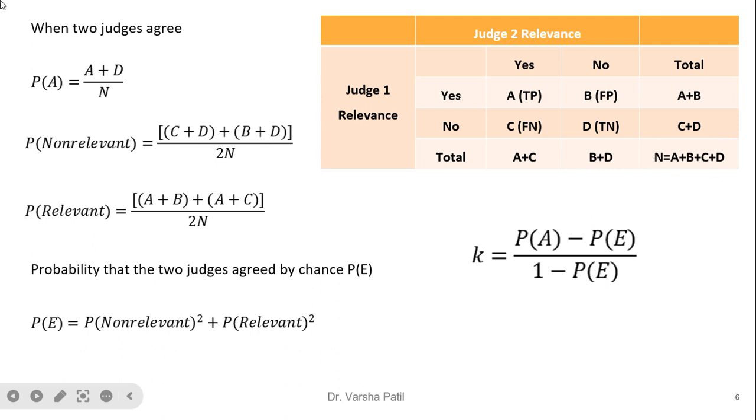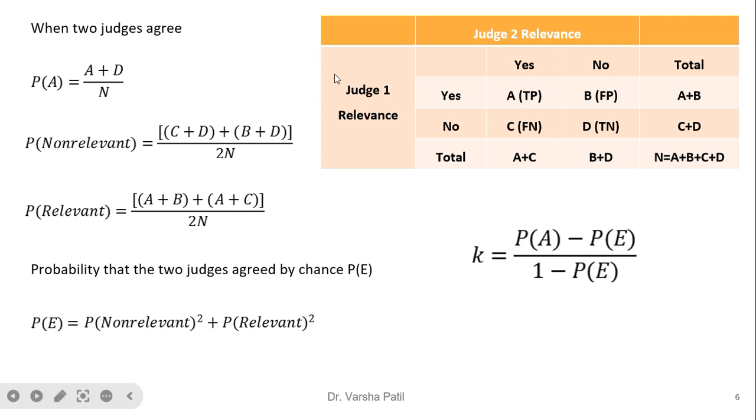When the 2 judges agree, that is P(A), which is (A plus D) divided by N. A is where both agree on relevant, and D where both agree on non-relevant, so those are the agreement cases. Now we need to take the probability by chance.